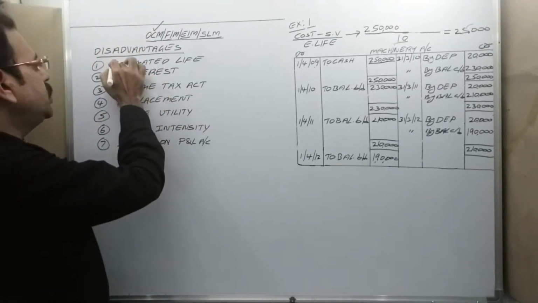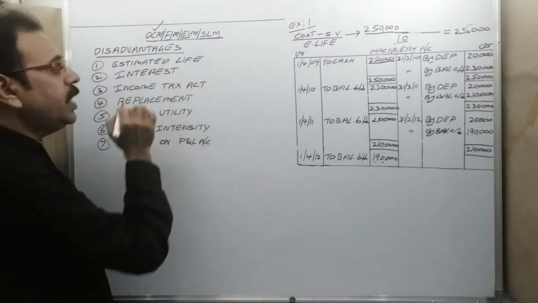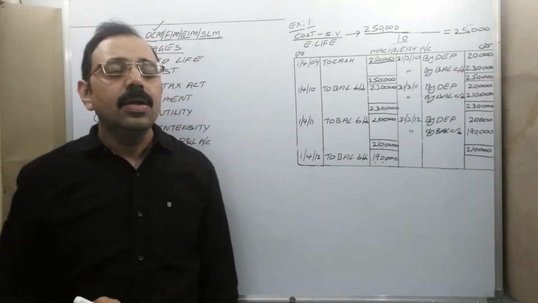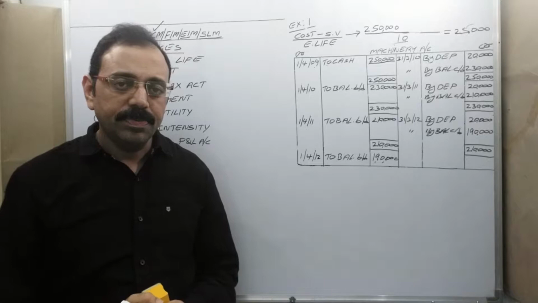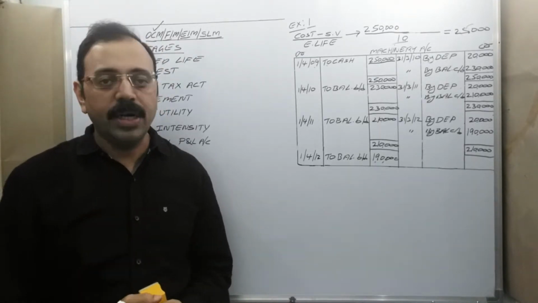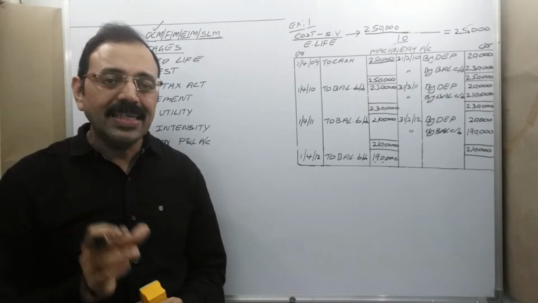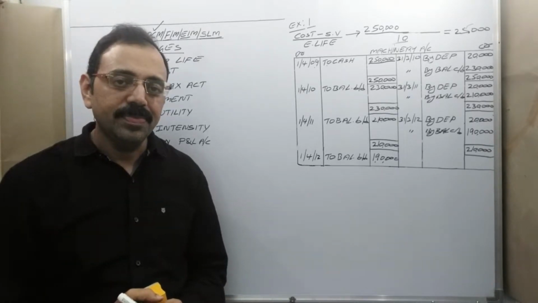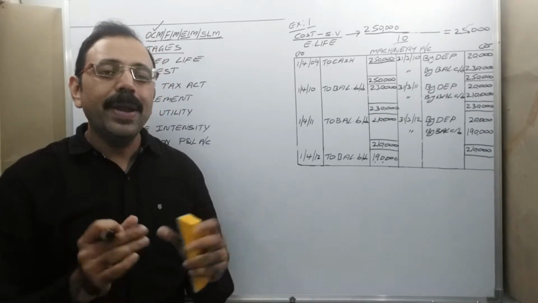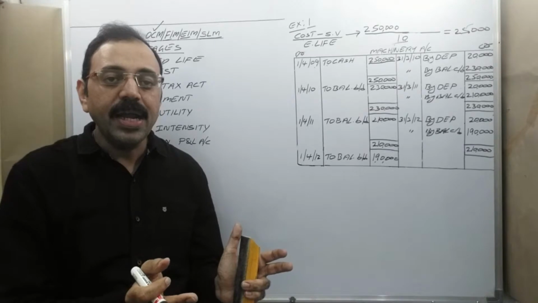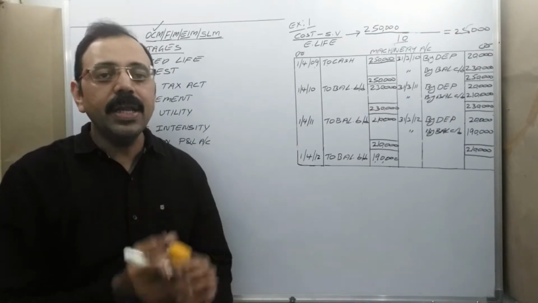The first disadvantage is estimated life. What is this? See, take patent rights, copyrights, leasehold properties. We can estimate the life of this type of assets accurately. Because suppose patent rights, the firm has to purchase the patent rights for a particular period.